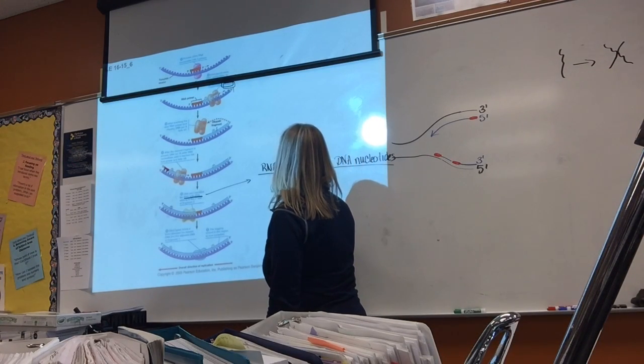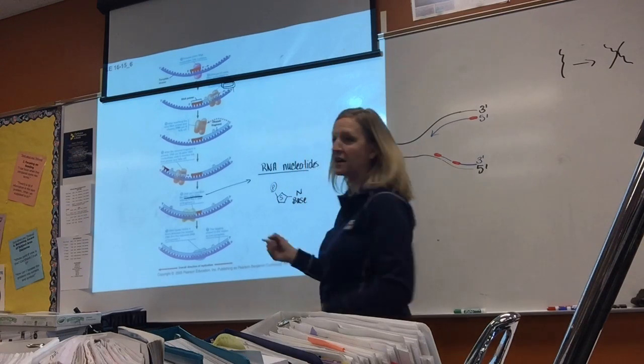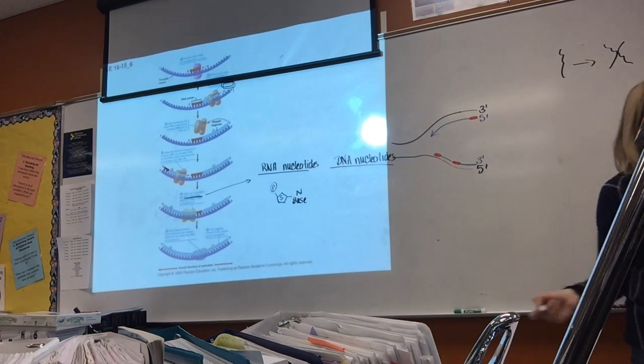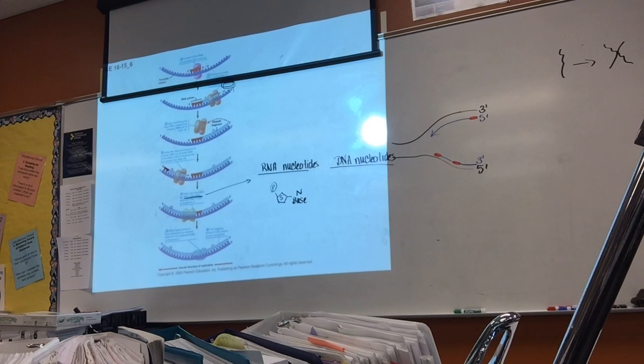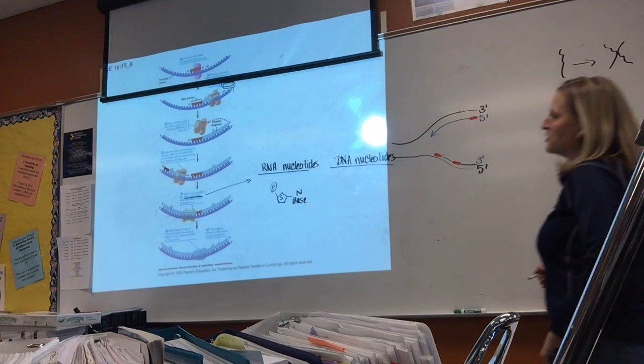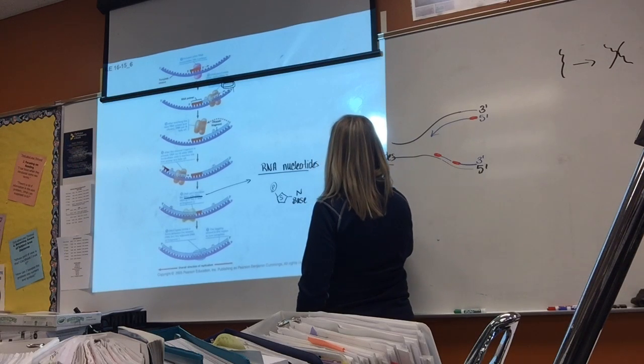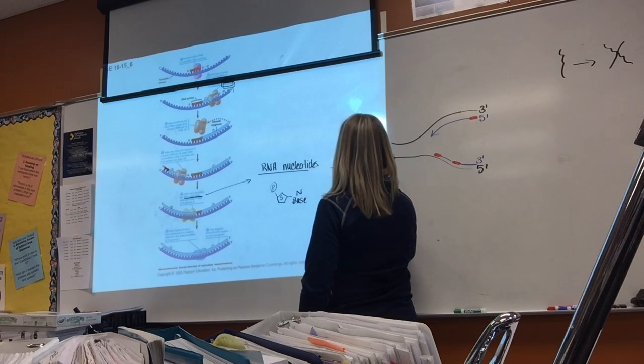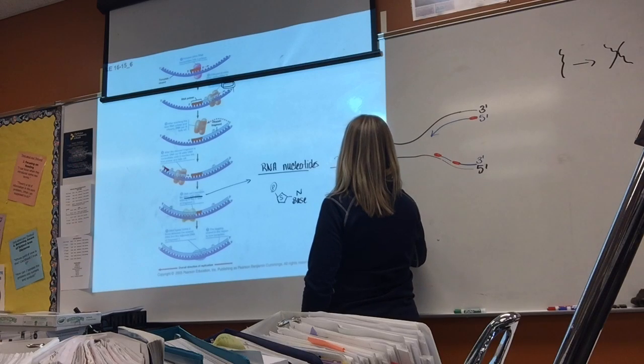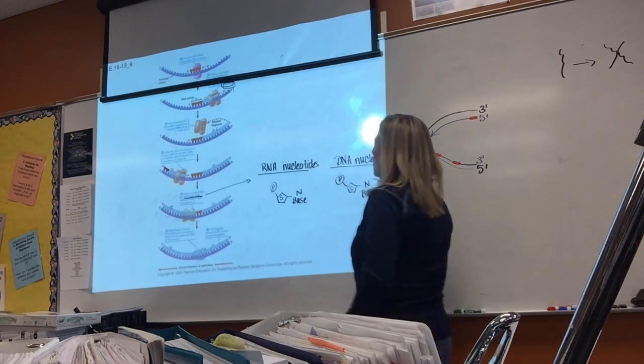All right, so I'm just going to put an N base. N stands for nitrogenous. That means it's a base that contains nitrogen. All right, those are your 3 parts of a nucleotide. And so both RNA and DNA nucleotides have those same 3 parts: the sugar, the phosphate group, and the nitrogenous base coming off the sugar.